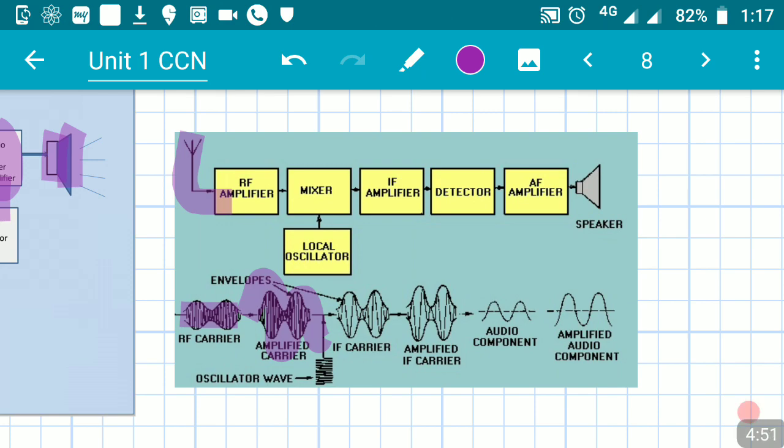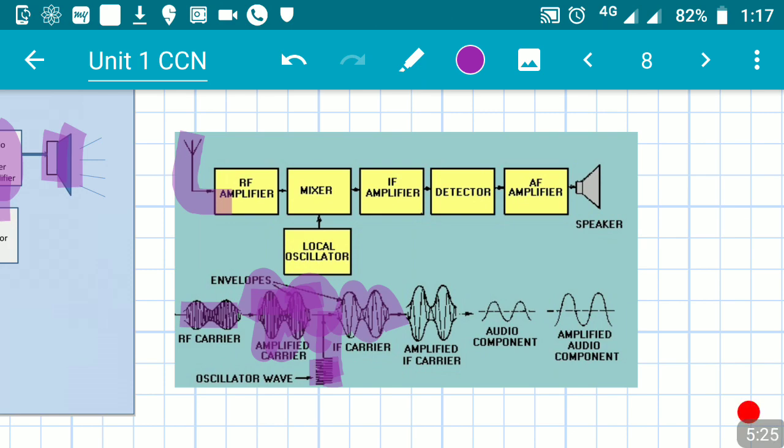Then we have some signals coming from the local oscillator, and the RF signal and the local oscillator signal mix together and give out the intermediate frequency. The main idea of the intermediate frequency is that it is much easier to process than the RF stage frequency.